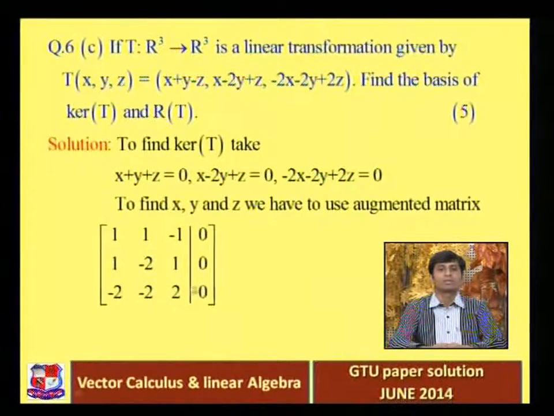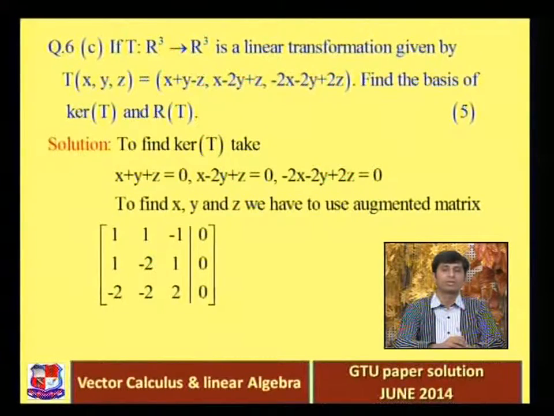The second row is coming from the second equation, that is 1 minus 2 1 0. And the third row is coming from the third equation, the coefficients of x, y, z, that is minus 2 minus 2 2 and 0. Now we have to convert this matrix into a row echelon form matrix.